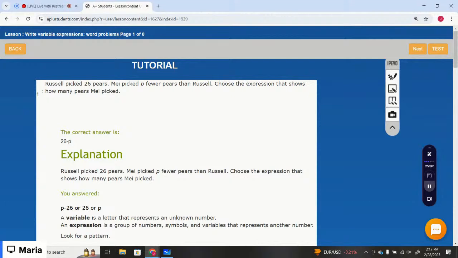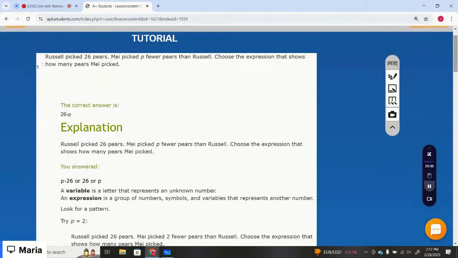Russell picked 26 pears. Maya picked p fewer pears than Russell. Choose the expression that shows how many pears Maya picked. He has 26 pears, right? Maya picked p fewer pears than Russell.